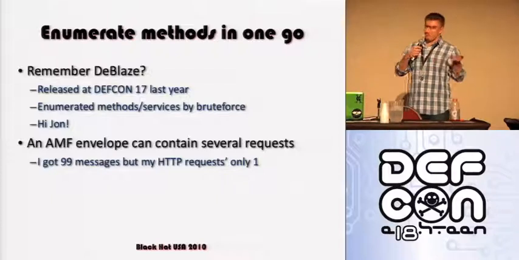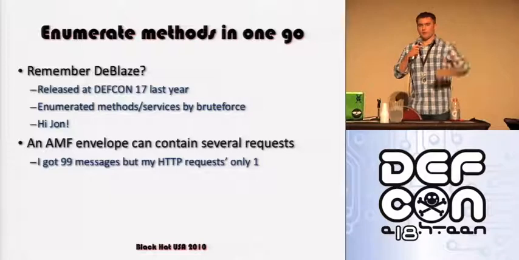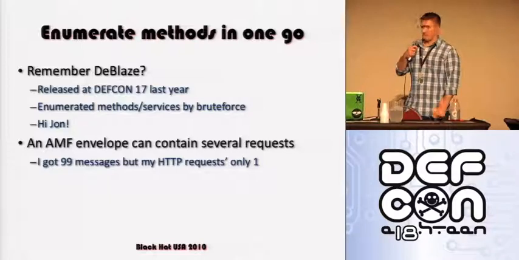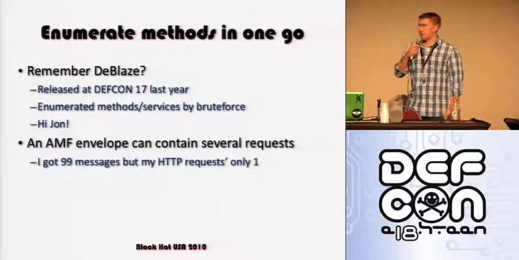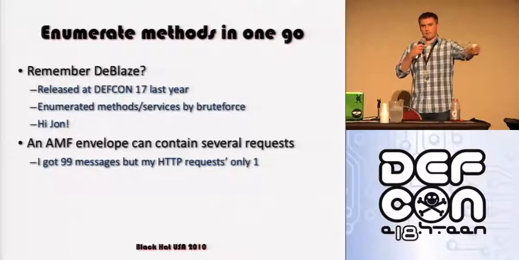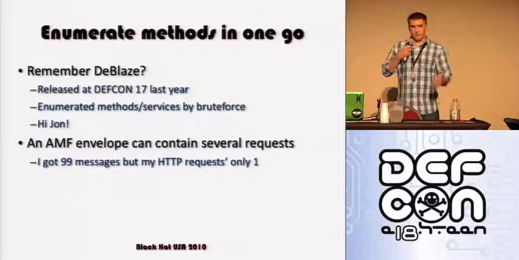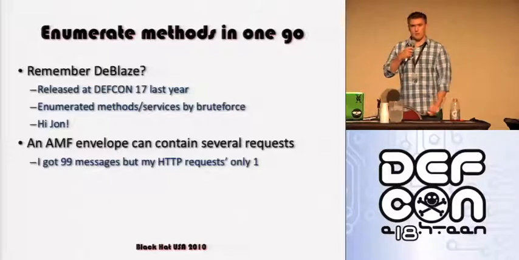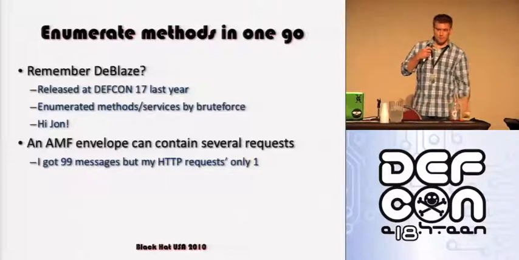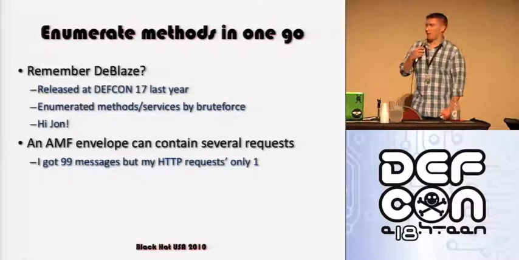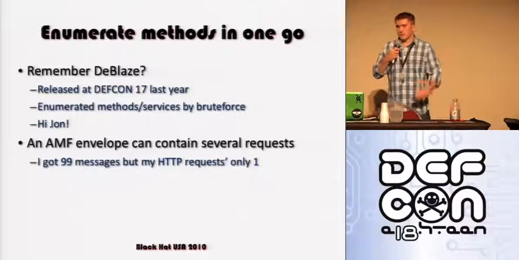So I thought, why not do this all at once? My HTTP request is 200,000 bytes long, but I just enumerated 10,000 methods and services on this one server in one HTTP request, which was awesome because it only took a minute to respond. So that's one of the cool things you could do.